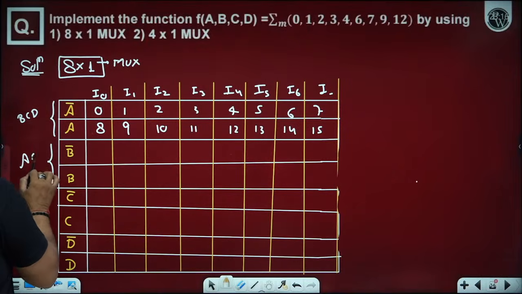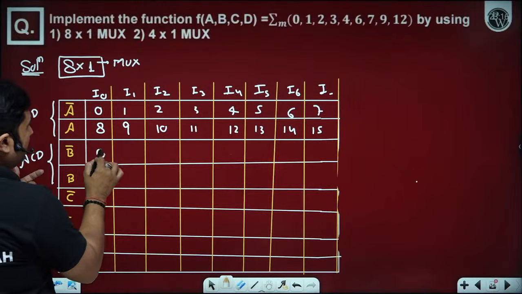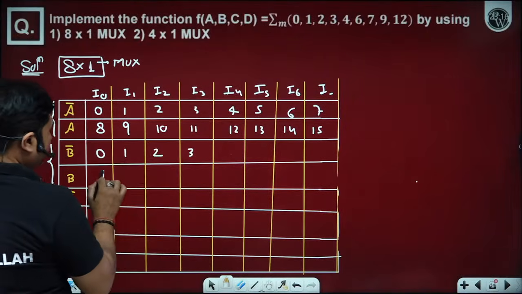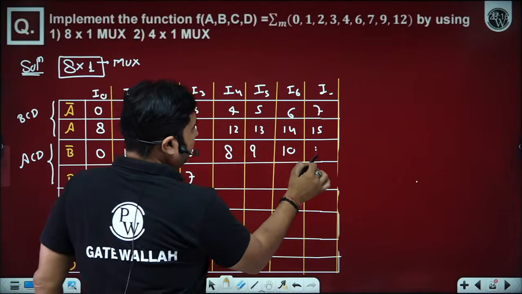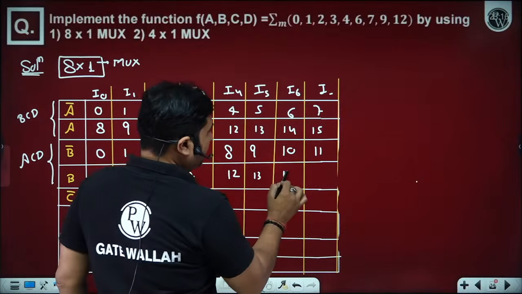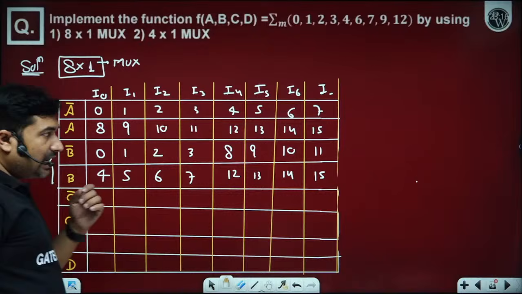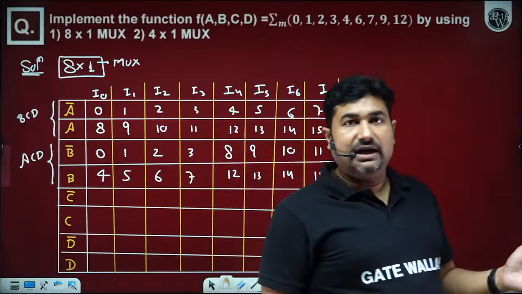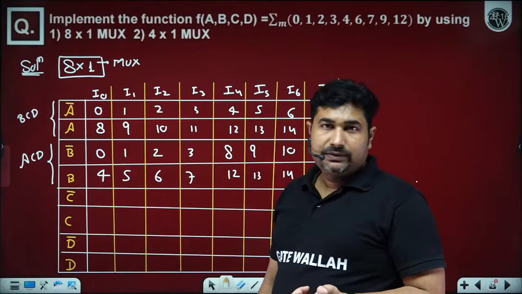If we have A, C, D onto the select line, then B will have 0, 1, 2, 3, 4, 5, 6, 7, 8, 9, 10, 11, 12, 13, 14, 15. Those minterms in which we are getting B bar, those are in front of B bar, and those minterms in which we are getting B are in front of B. Is it okay?